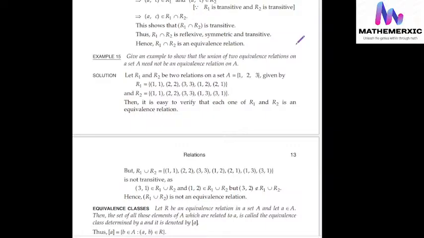It is not transitive as (3,1) belongs to the union and (1,2) belongs to the union, but (3,2) does not belong to the union. Hence, it is not an equivalence relation.